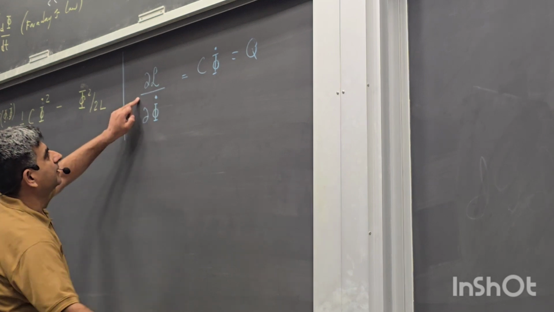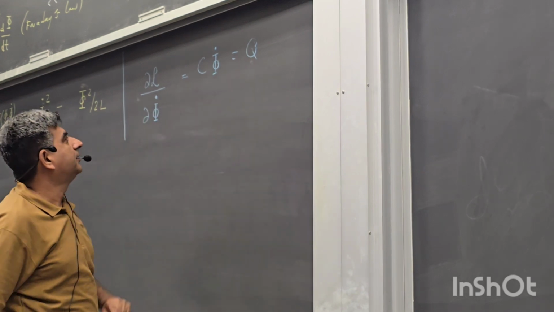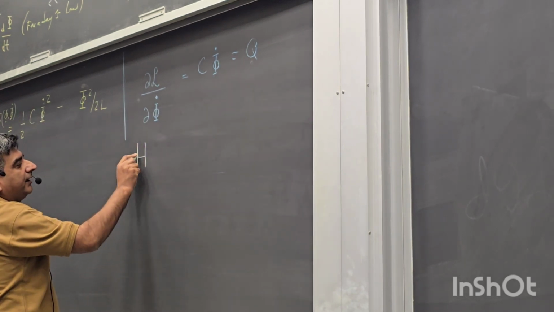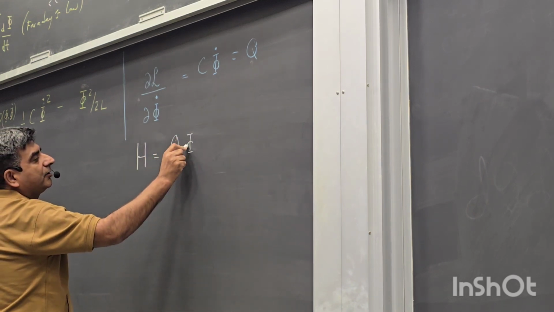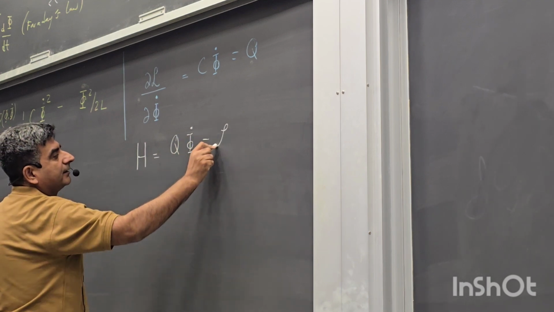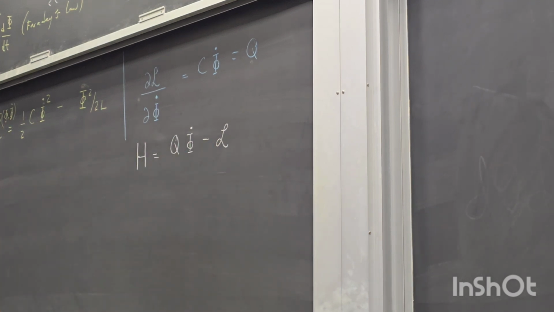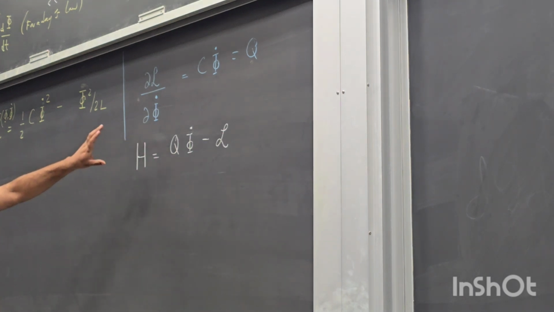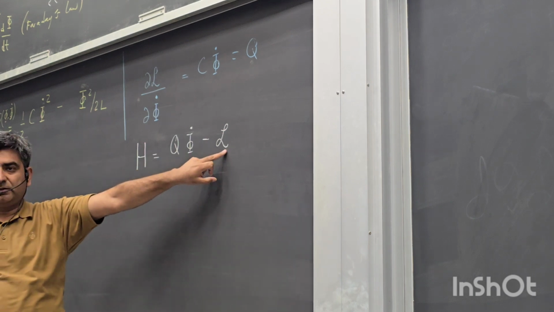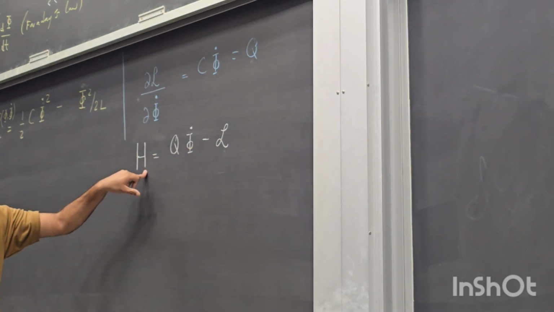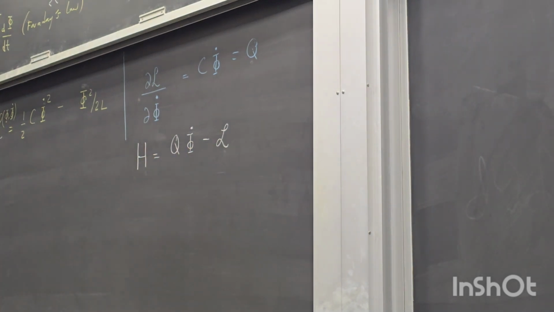If I know the charge, the Hamiltonian is going to be equal to charge times phi dot minus L. So this is something we know from classical mechanics. So we started here with the Hamiltonian. We wrote down the Lagrangian, but we could also start from the Lagrangian and write down the Hamiltonian. Alright, so far so good.